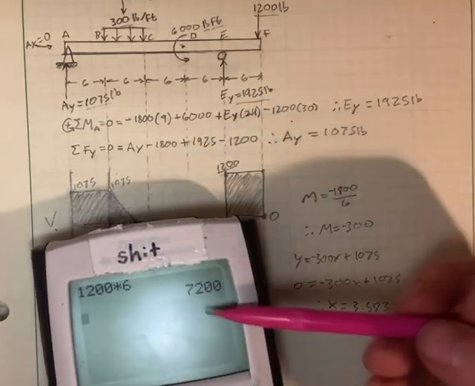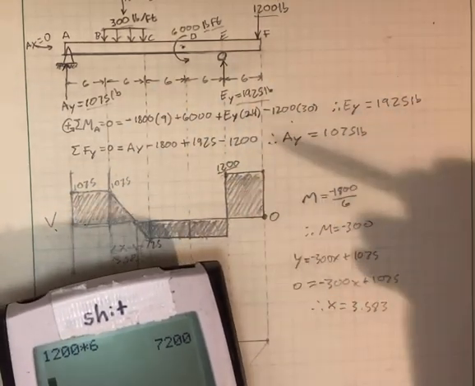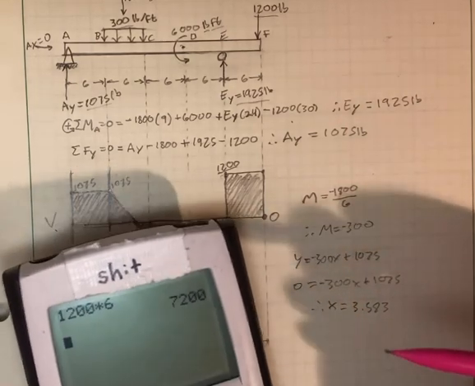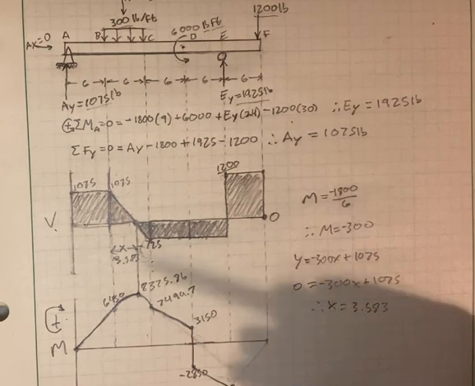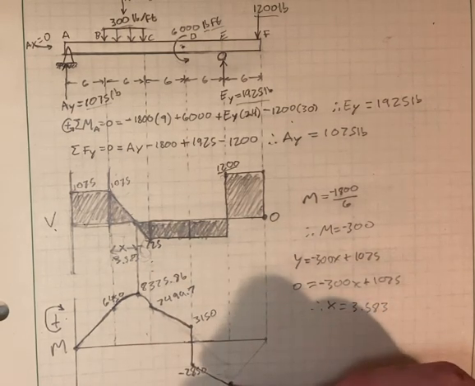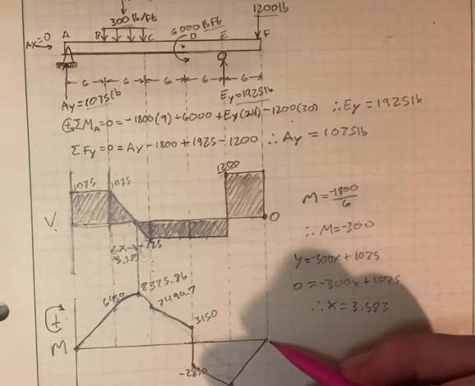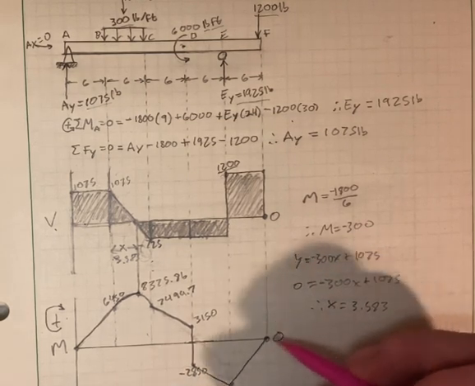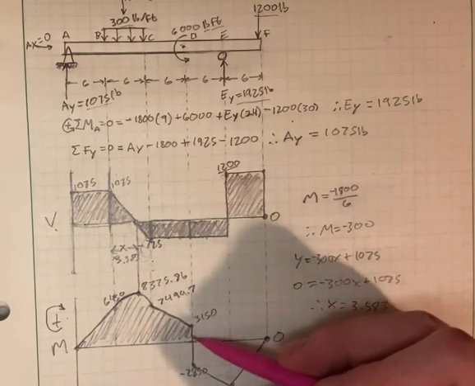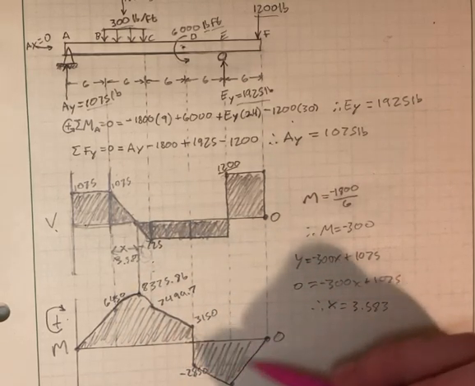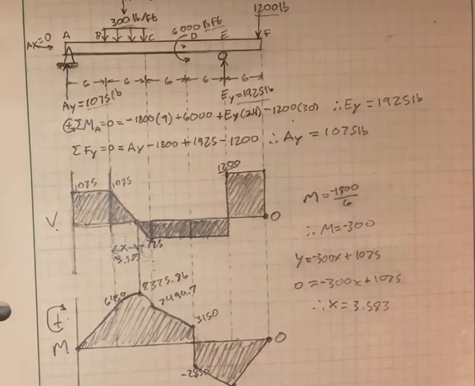And look at that, we got 7200 positive, because this is a positive area, right? And look at that, negative 7200. So again, we always end up back at 0. This is going to bring us up a positive 7200 from negative 7200 back to 0. There we are. Color it in. And that's an A plus shear moment diagram right there. All right, see you in the next one.